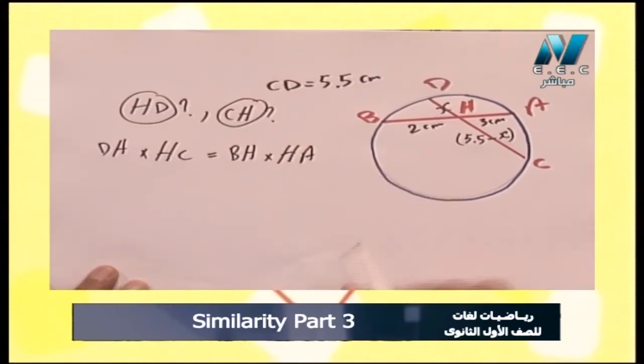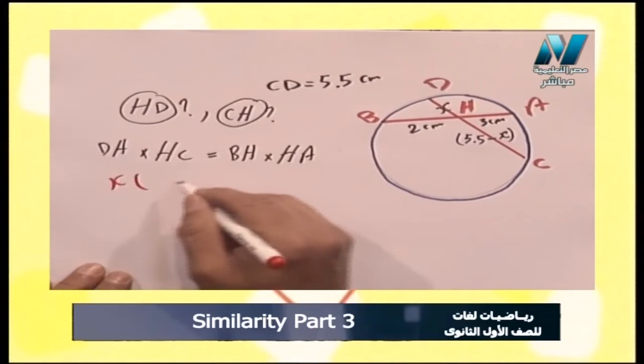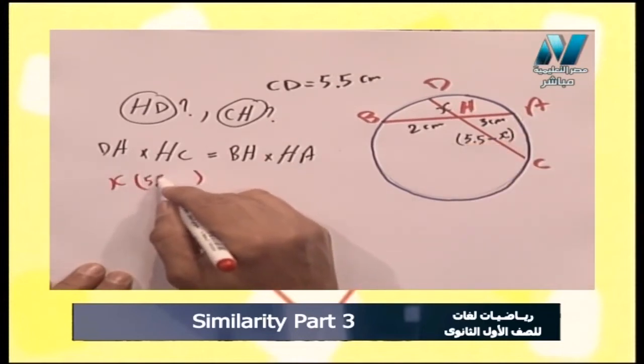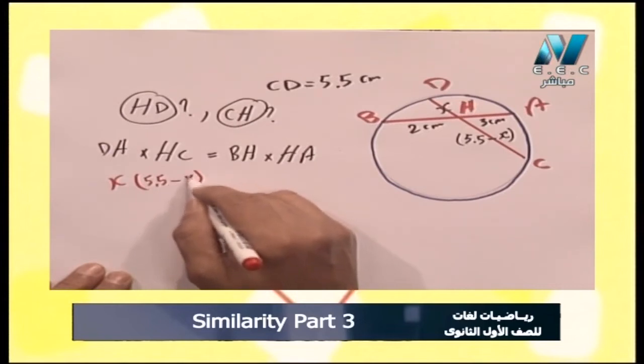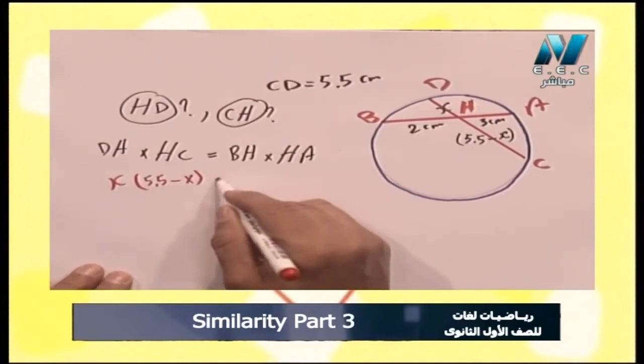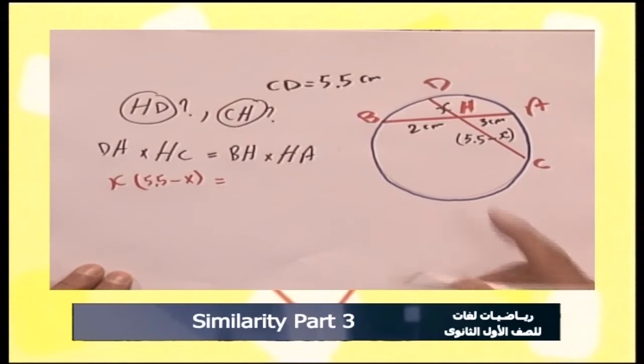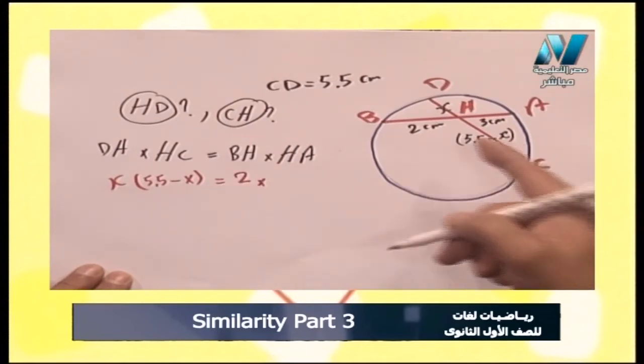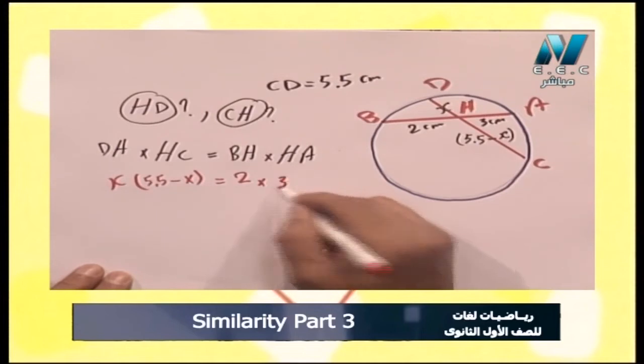Okay, put the numbers. DH equals X multiplied by HC, which is 5.5 minus X, equals BH, which is 2, multiplied by HA, which is 3.